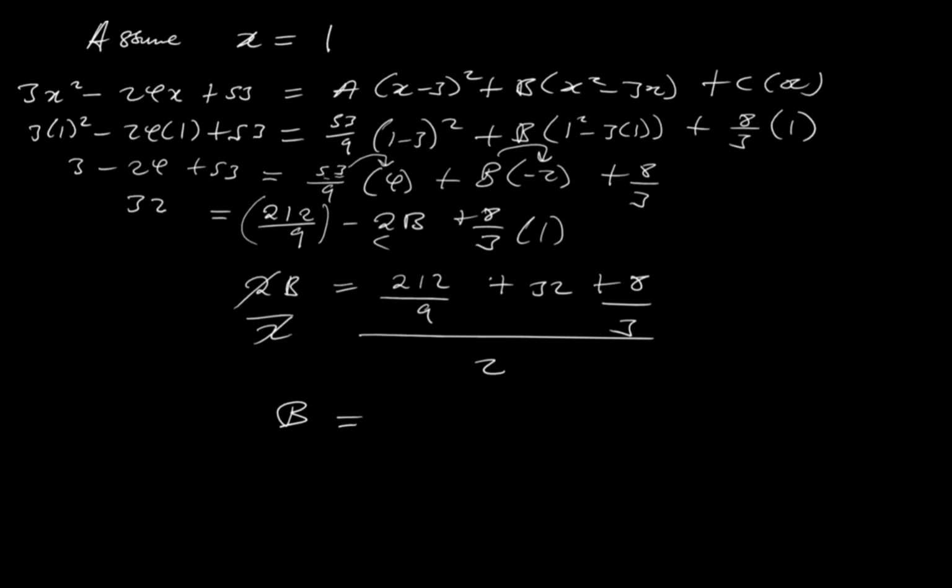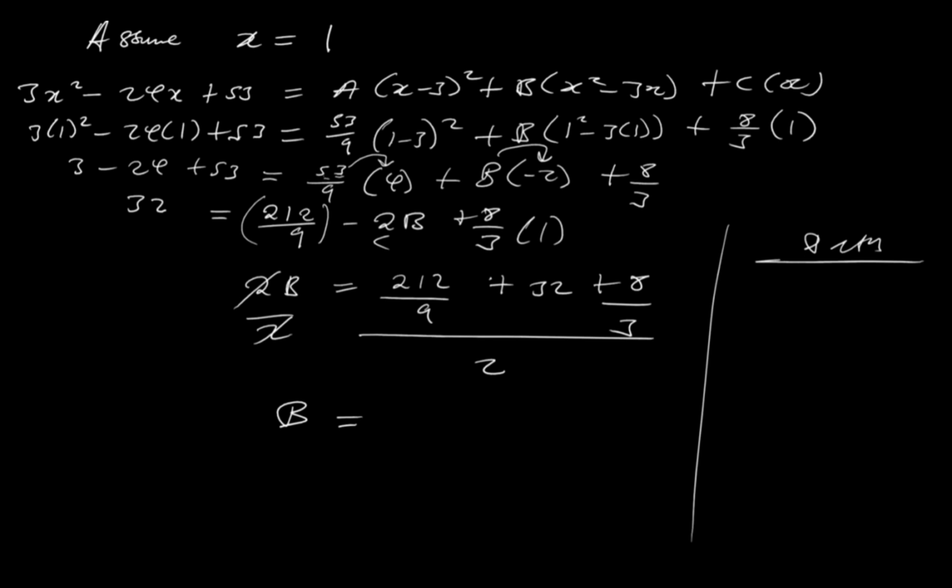So let us do the math together. So we can just take one part here, and try and solve 212 divided by 9, and try and mimic it with 8 divided by 3.